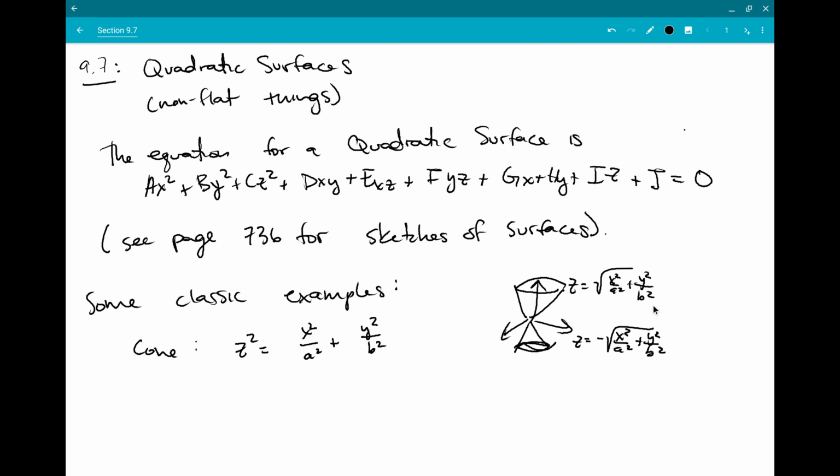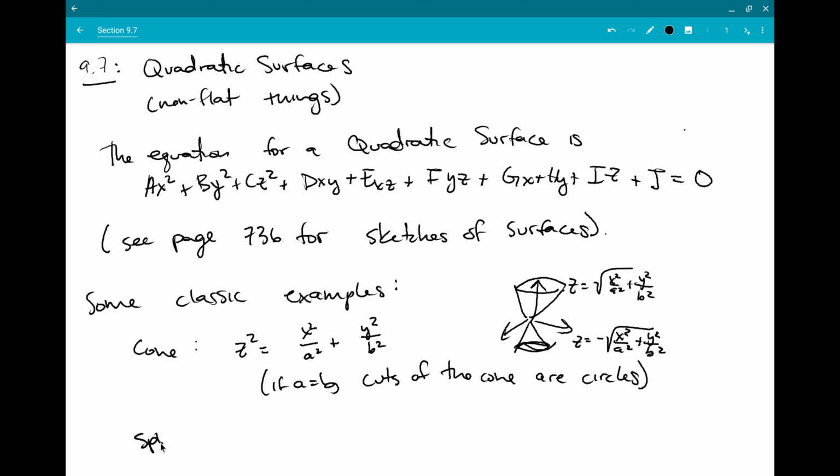If this A and B are the exact same, you're going to get one of those cones that's perfectly circular. And that type of shape in particular is going to come up a whole lot when we're integrating. So please remember that special type of cone.